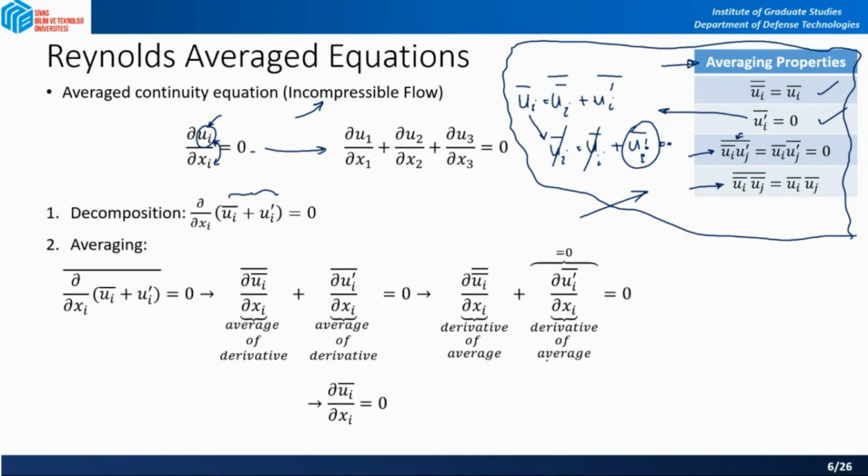This means that the original equation that you had here for instantaneous flow is valid for the mean flow as well. If you solve this equation and the momentum equation written for the mean values, you would get the mean velocity distribution. Okay, this velocity distribution, not the instantaneous velocity distribution.